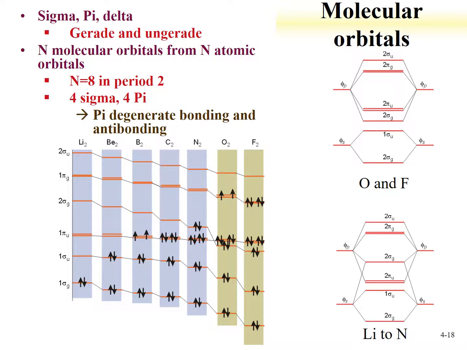What we want to point out here is that as we're filling these orbitals, we do see a shift from lithium to nitrogen. The order goes sigma, pi, and then another sigma. Whereas for oxygen and fluorine, we have sigma, sigma, sigma, and pi.